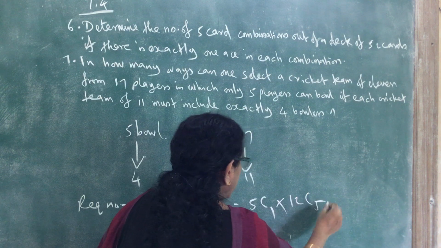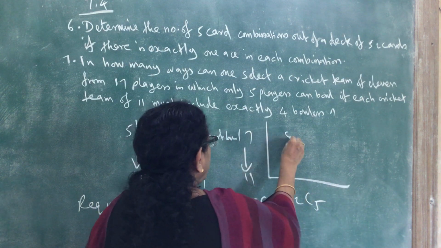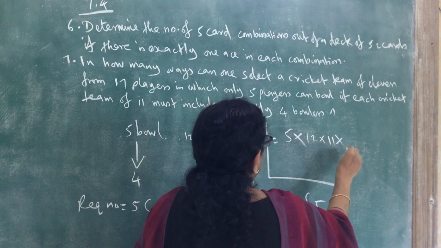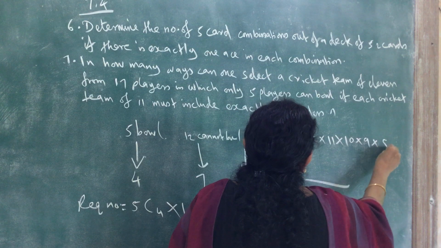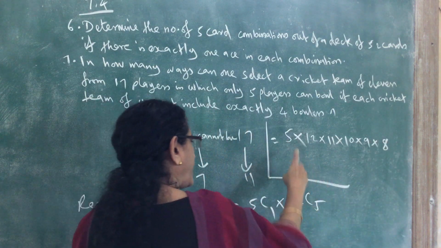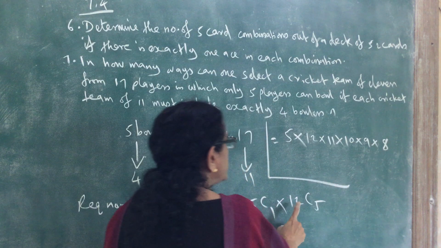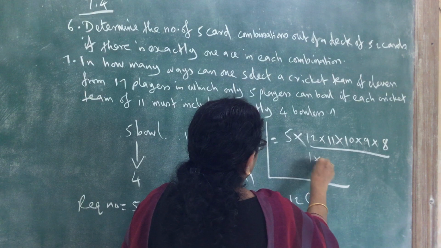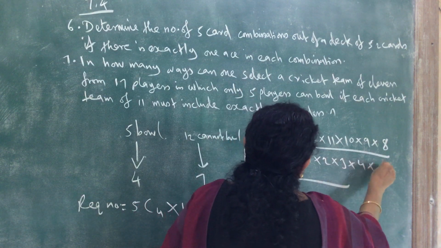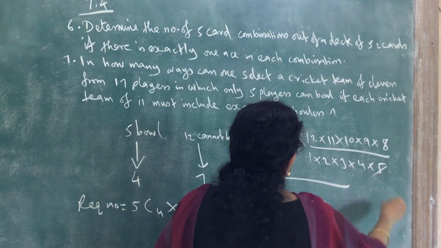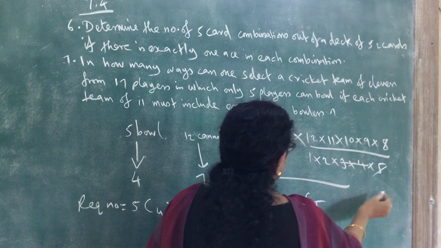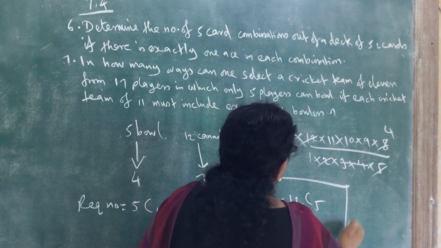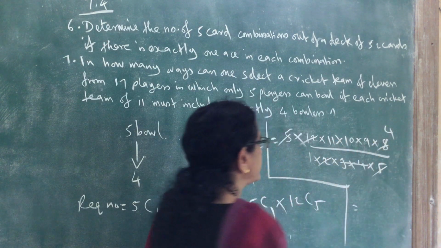Then find the answer: 5C1 is 5, into 12C5, that is 12 into 11 into 10 into 9 into 8, divided by 5 factorial, 1 into 2 into 3 into 4 into 5. So 5 can be cancelled, 3 into 4 cancels 12, and 2 can be cancelled. Then multiply and find the answer.